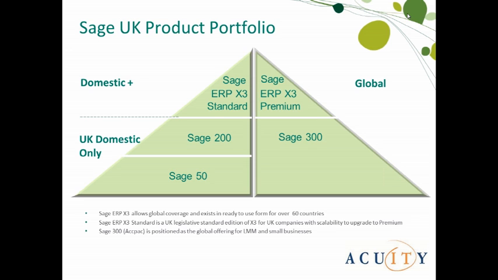Although you can see that the Sage ERP X3 solution also transcends into the global environment, and those products that are mentioned on the right are fundamentally aimed at companies that are likely to be having a multiple geography deployment and arena of activities, if you like. So the Sage 300 and Sage ERP X3 solutions are therefore primarily aimed at companies that would have activities in countries other than the UK and beyond the UK market.